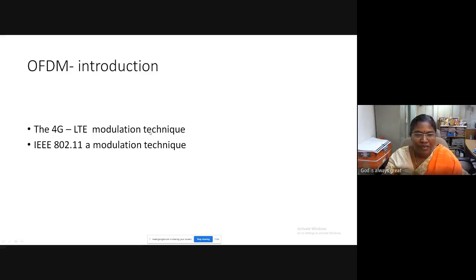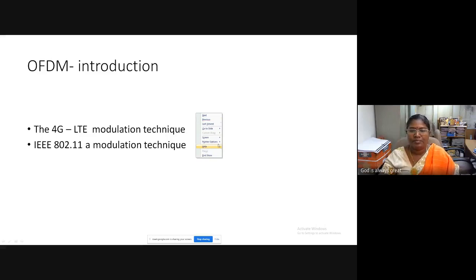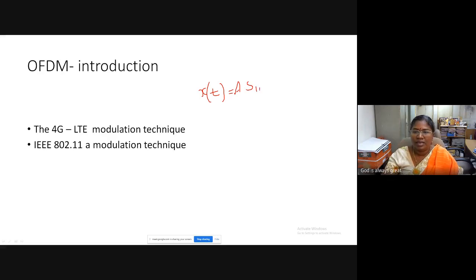To transfer any signal, we know how to represent these signals, right? Any signal is represented mathematically as x of t equal to a sine of omega t plus phi.